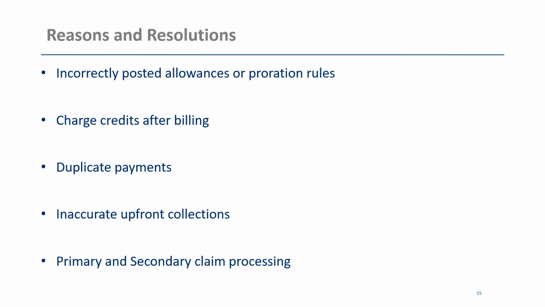So just keep that in mind. Credit balances also happen when your coordination of benefits is not coordinated correctly, or if the secondary is not aware that there's other coverage, which is typically rare but can happen. And then you'll have both insurance companies paying the claim as primary.